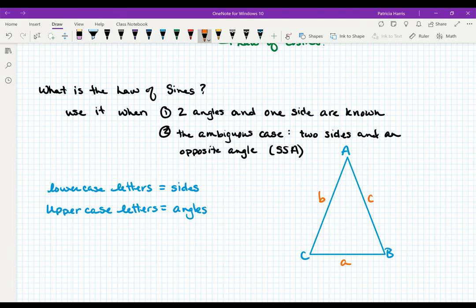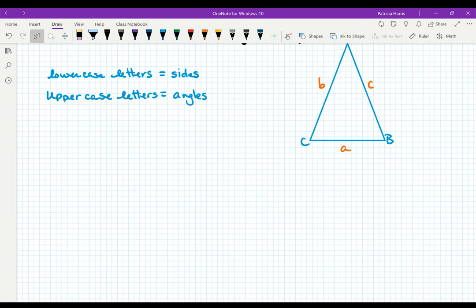Okay, so let's talk about the formula. So we have side A divided by sine of angle A is equal to side B over sine of angle B equals side C divided by sine of angle C. Now this looks really complicated because you actually have two equal signs, but you only need to set up a proportion, so you only need one.